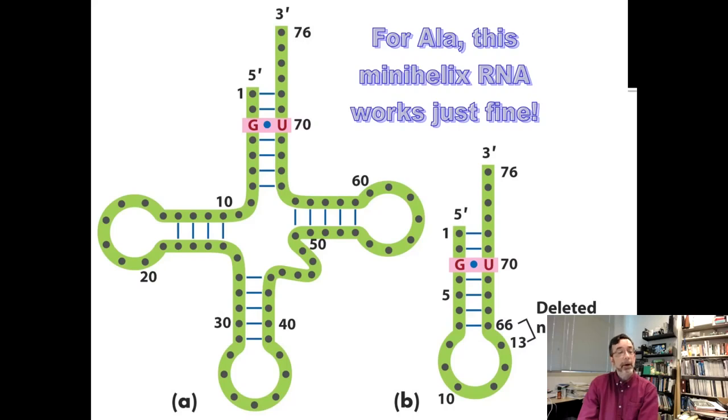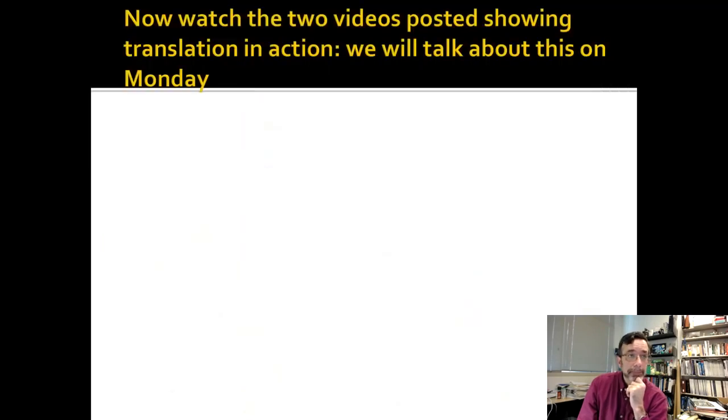If you delete all the nucleotides between 13 and 66, it still works. Is this a clue for how it developed? Because it's much easier to imagine this evolving than the thing on the left. Who knows, but I know that it works, and that's kind of cool in itself.